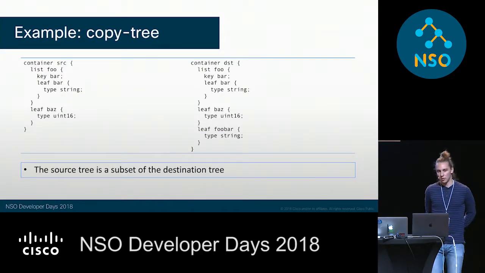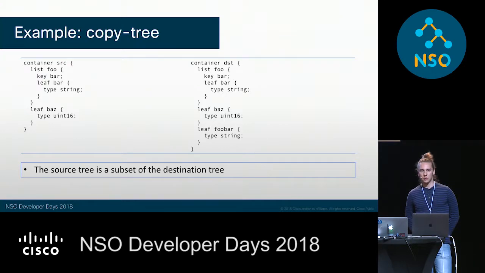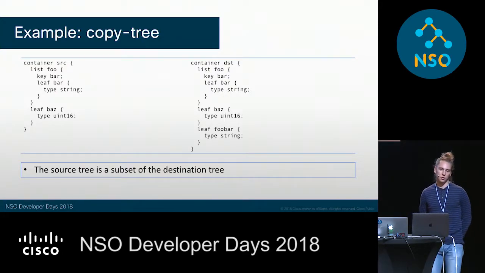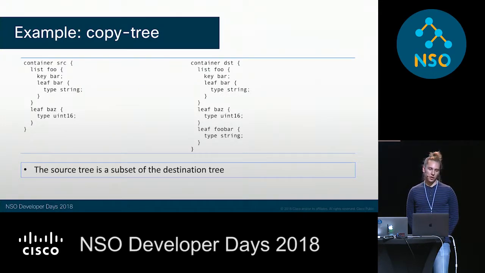Copy tree is something that we see used sometimes when the service model is constructed after the device model, or in LSA applications where you have an identical service model on the upper node and on the lower node.